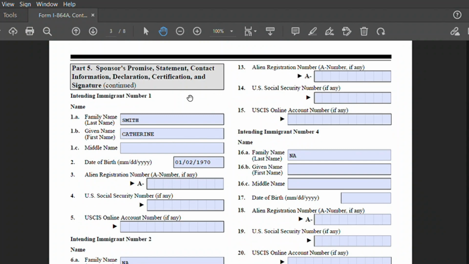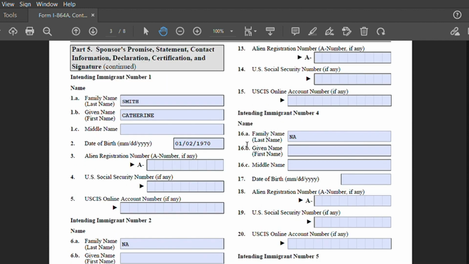Say you are a U.S. citizen and you're sponsoring different immediate family members, such as both of your parents, for example. Because you are submitting separate affidavits of support for each of your immediate relatives, you're going to have to fill out also a separate I-864A form for each of those immediate relatives.